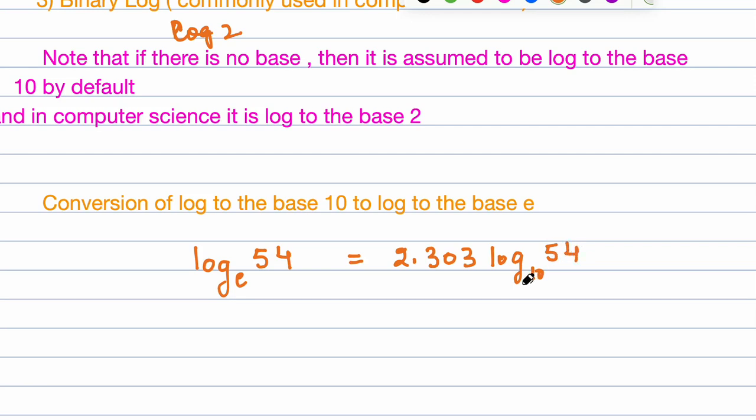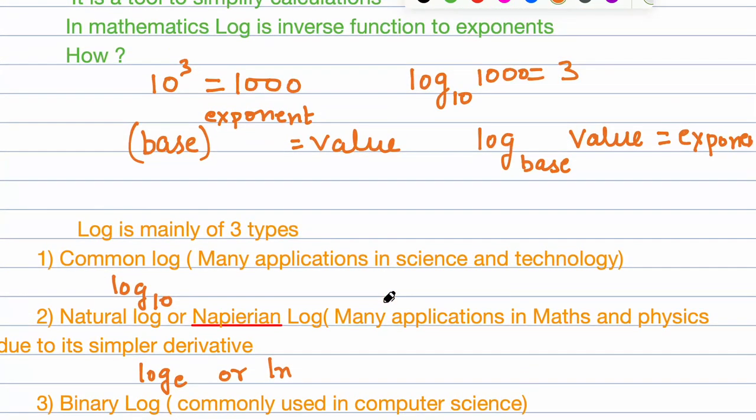So if you are using the log table and you are seeing the value of log of 54, that is base 10. But now you have to write it in the form of natural log. So you will write it as log of 54 divided by 2.303.